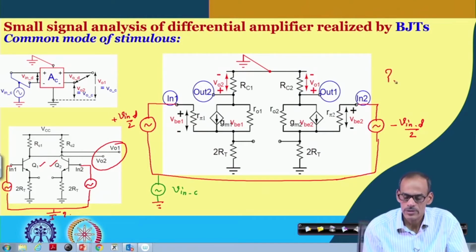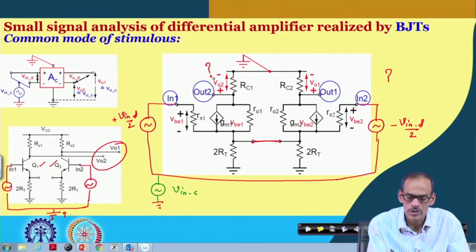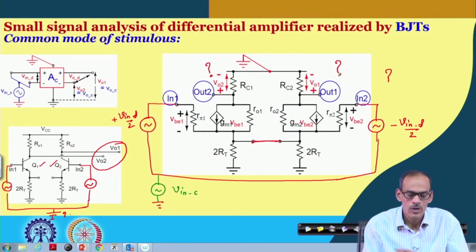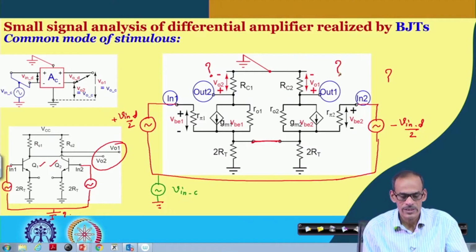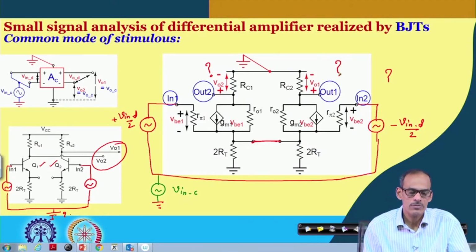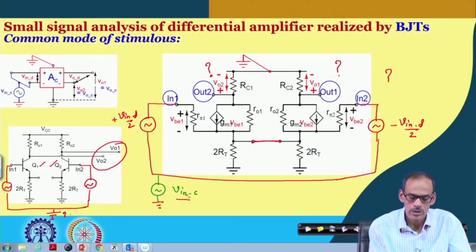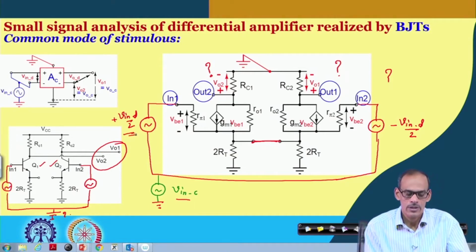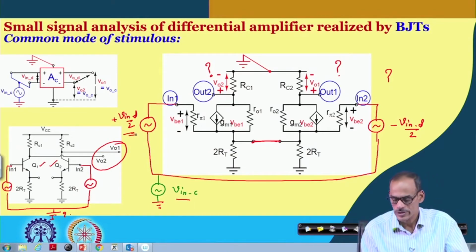So, naturally before we make this connection, the situation was something, but again instead of repeating that, I may directly get into this connection, and then we like to see what may be the condition here and here. So, before you go for large signal analysis, let me do one more small signal analysis, where we are considering both the common mode and differential mode signal together, and we like to see the corresponding output.